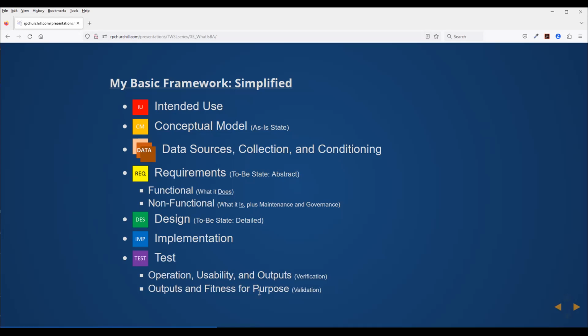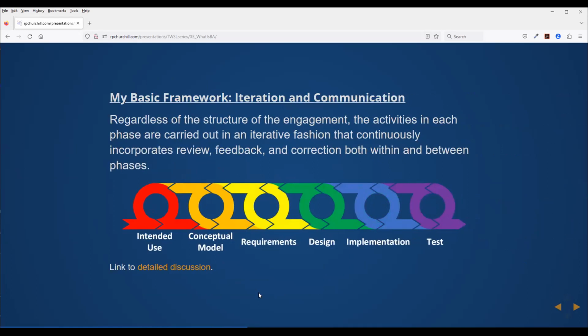So here I streamline and simplify the different phases, and here I really show all the phases the way they're actually done. This is the way I think of doing business analysis. And again, all the steps are here. What are you going to do?